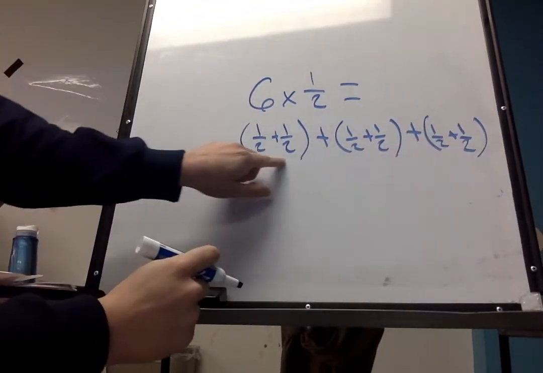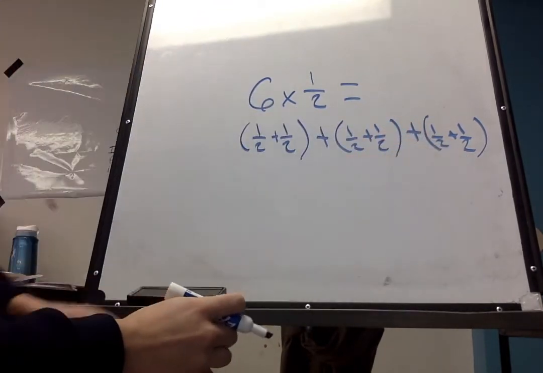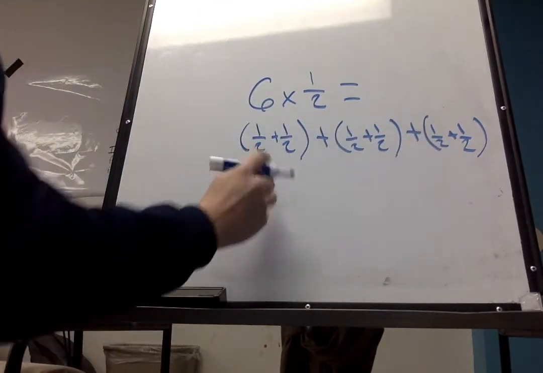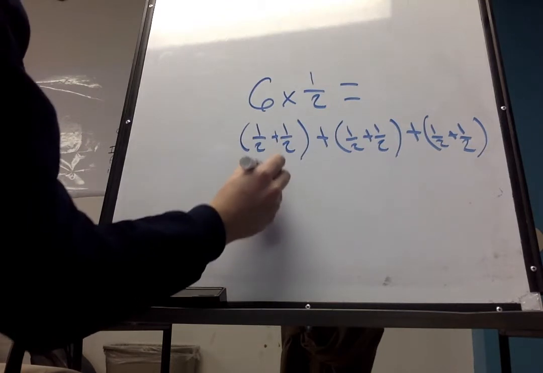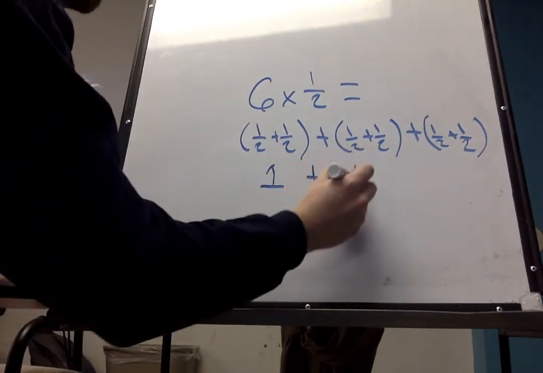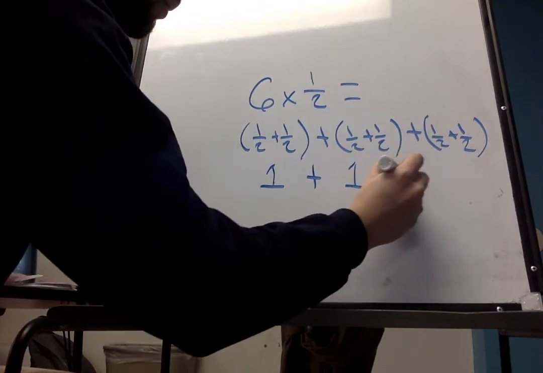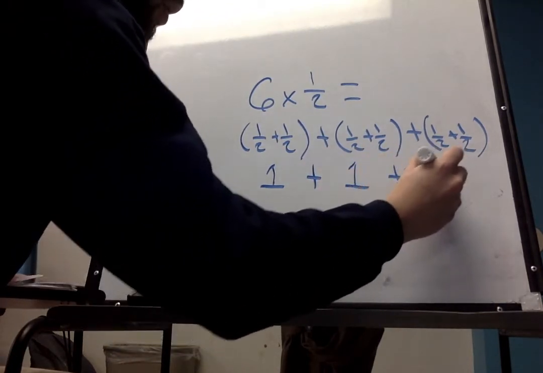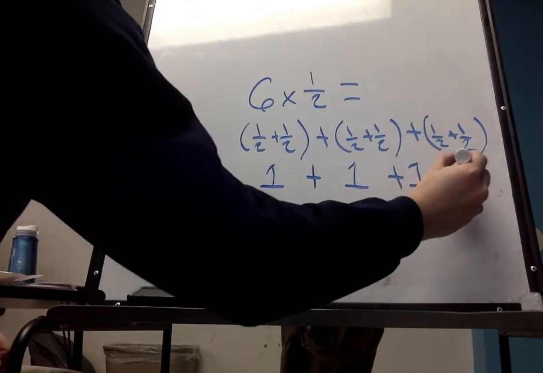We have 1, 2, 3, 4, 5, 6, and we've grouped them in groups of 2 because 1/2 plus 1/2 is equal to 1. So what it becomes is 1 plus 1 plus 1, which is equal to 3.